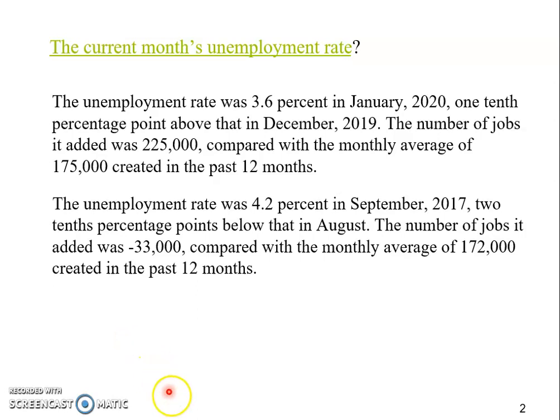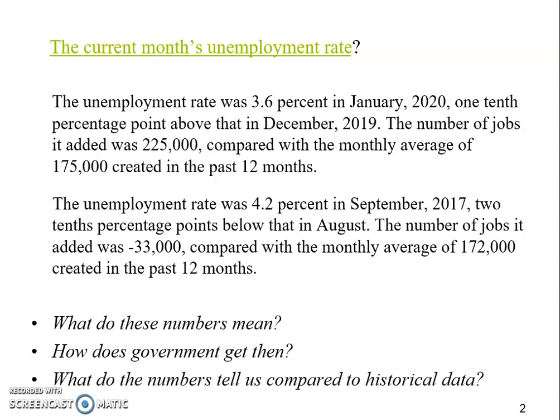So we're going to check out in this chapter, what do these numbers mean? How does the government get them? What do the numbers tell us compared to the historical data? Now, to be able to understand these labor market indicators, we have to start with the categories of the population and their relationship.